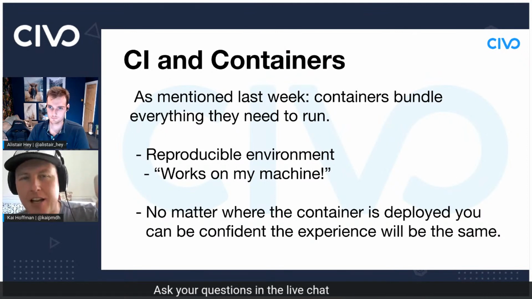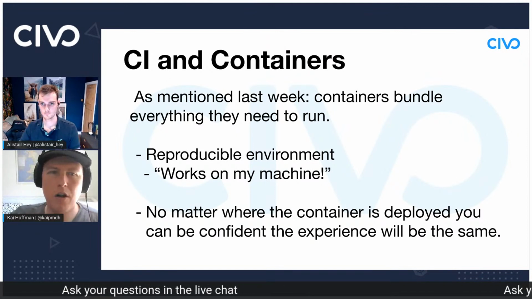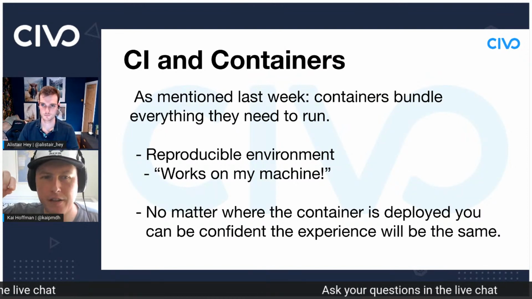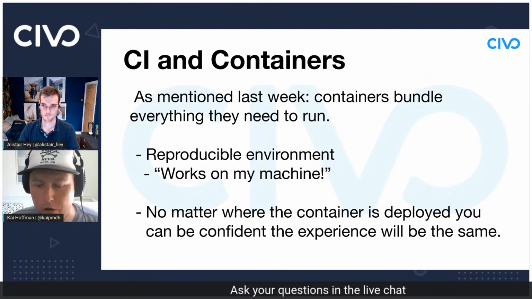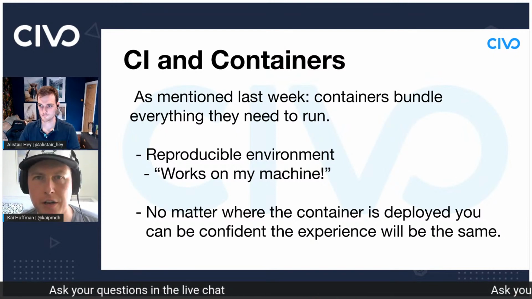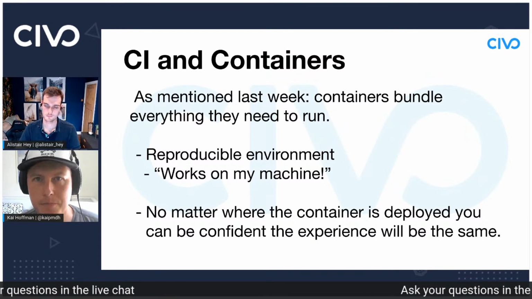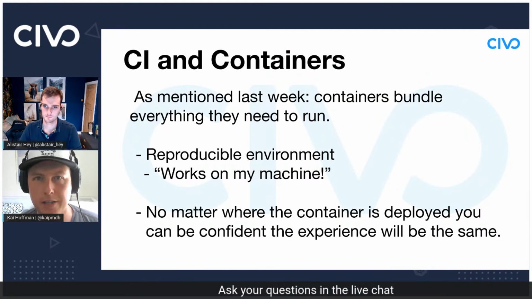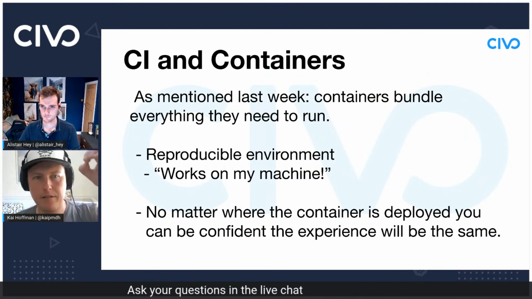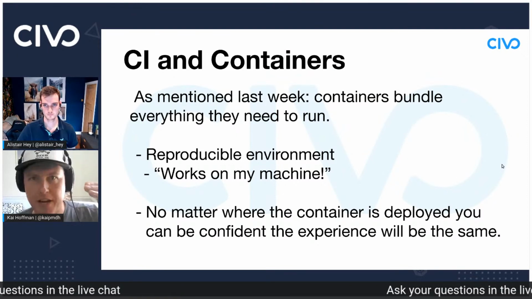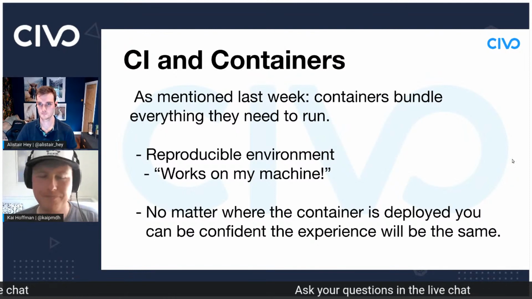But what CI allows us to do is, if we know what our ultimate deployment environment is, so if we know we are going to run our web application on a Linux machine that runs Kubernetes, and that Linux machine runs on x86 architecture, then we know that's what that final container should be. And every time that we build that container, it will work.